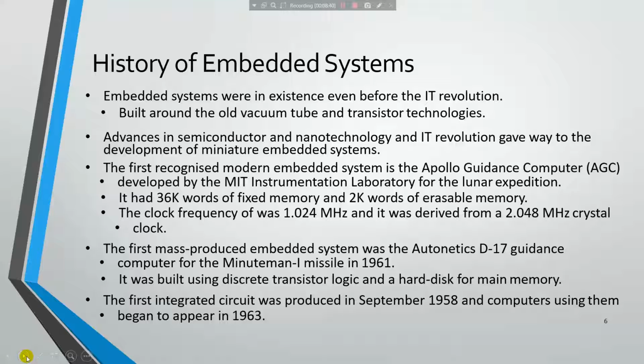Its clock frequency was around 1024 kilohertz, almost equal to 1 megahertz, derived from a 2 megahertz crystal clock. Then there was a revolution where they started mass production of embedded systems, in the year 1961. They kept improving. By September 1958 they started with the first integrated circuits, and then began building computers using them in 1963.